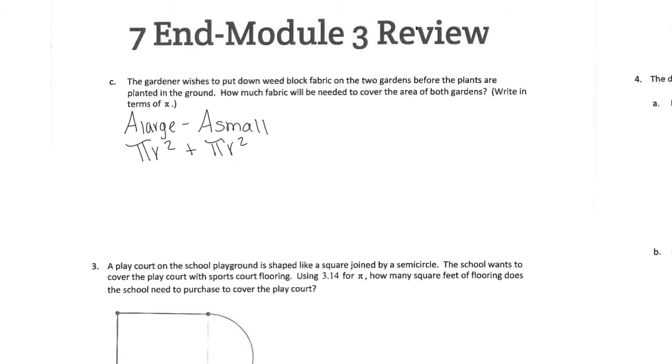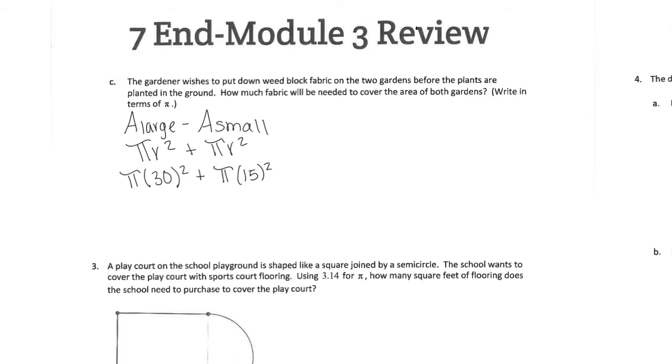So let's go ahead and start to write these out. So now I have pi times our radius, which is 30 for our larger garden. So I have 30 squared plus pi times our radius of our smaller garden, which is 15.